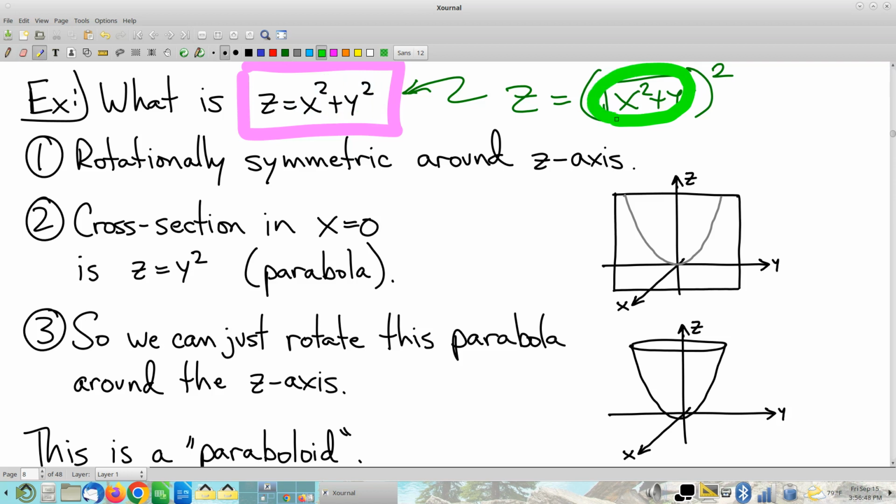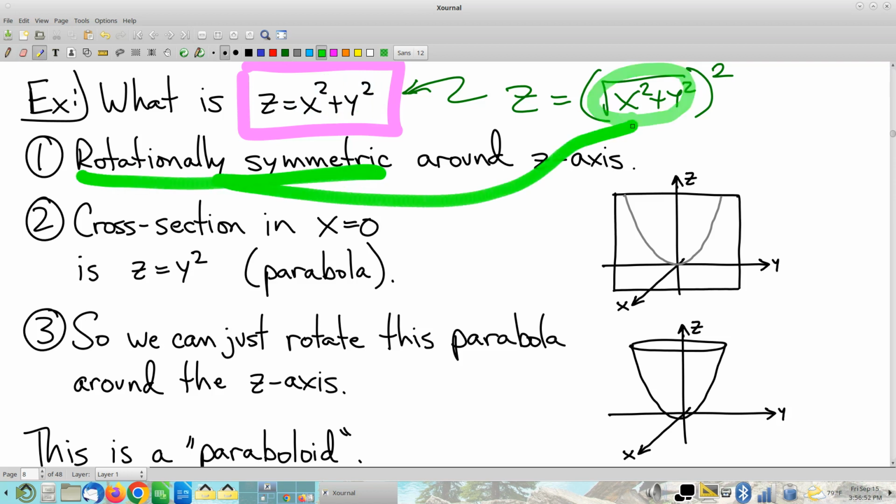And now x and y appear only in the special form, and that makes this rotationally symmetric around the z-axis. Is everybody happy with that? Powerful conclusion. It's rotationally symmetric. I don't have to wonder if maybe this is some weird lumpy surface that does different things in different directions. No, it's rotationally symmetric around the z-axis.